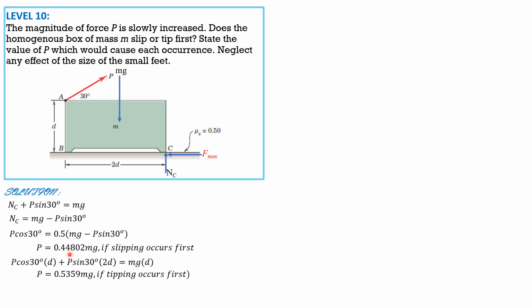So motion is initiated when this value of P is attained. Therefore, our answer is slipping occurs first, the box slips first, then the magnitude of P when the box slips is 0.4480 of mg to 4 significant figures, and the value of P when tipping occurs first is 0.5359 of mg.